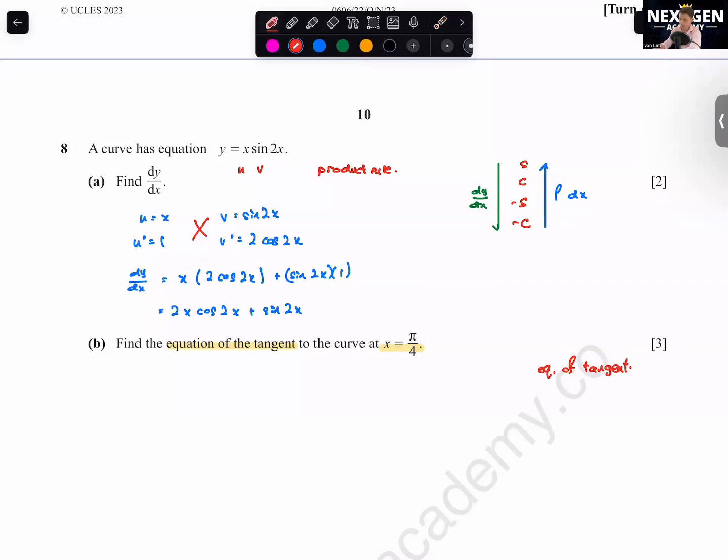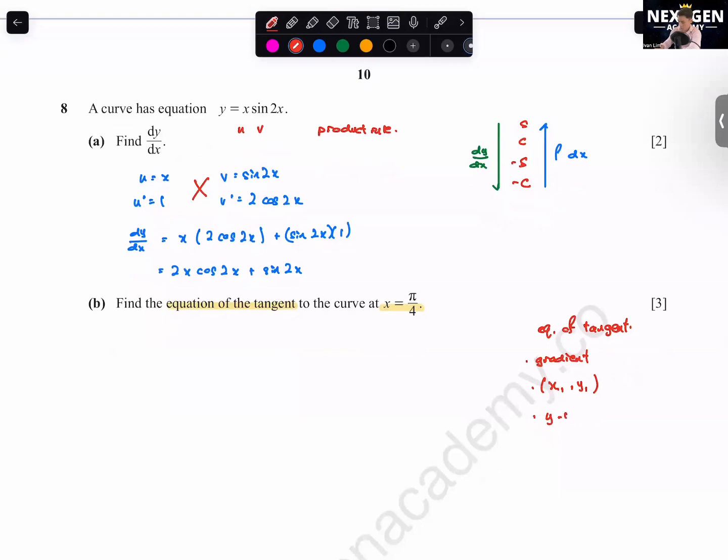Always keep this in mind first: any line type of equation, we need gradient, we need a point. Let's call this x1, y1. Then we substitute into y minus y1 equals m times x minus x1. Gradient of a curve, we will use dy over dx.